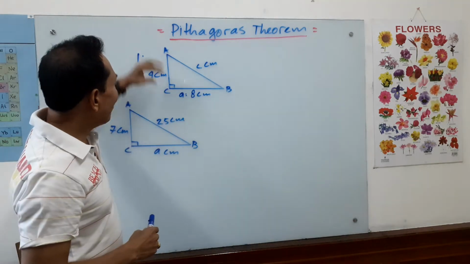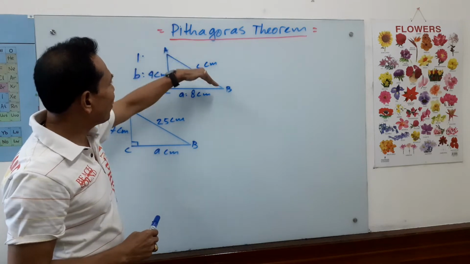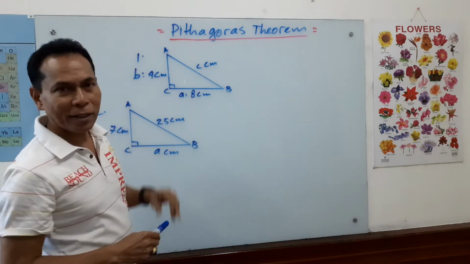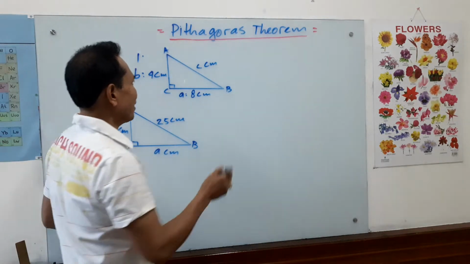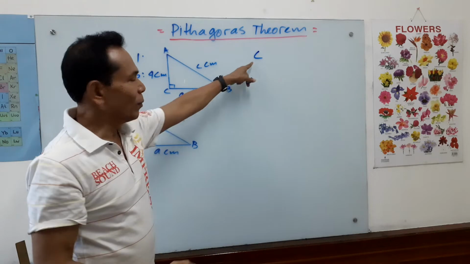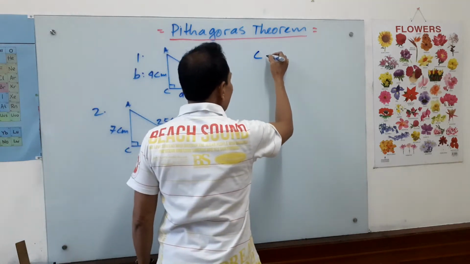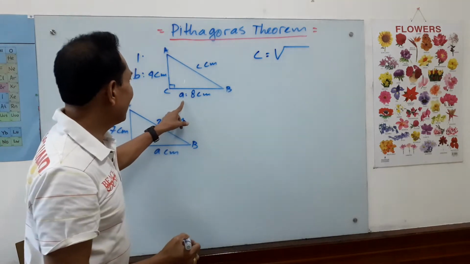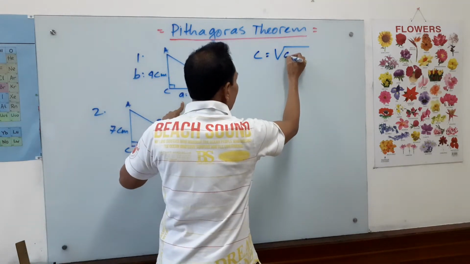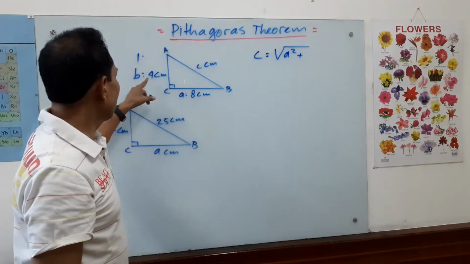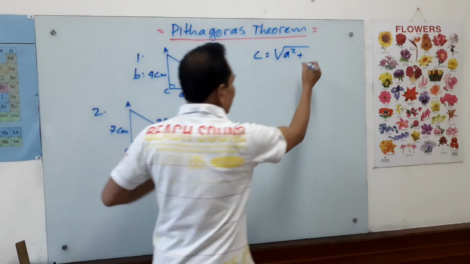Now, how do we find out the value of this side here, from A to B, or C? We use this formula. So C equals the square root of A square plus B square.